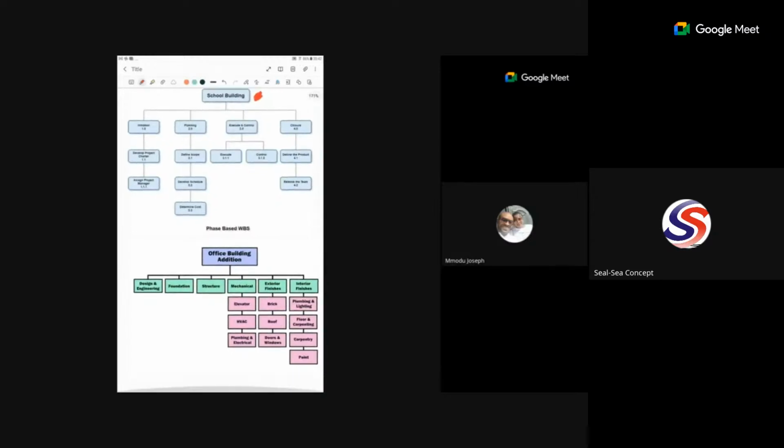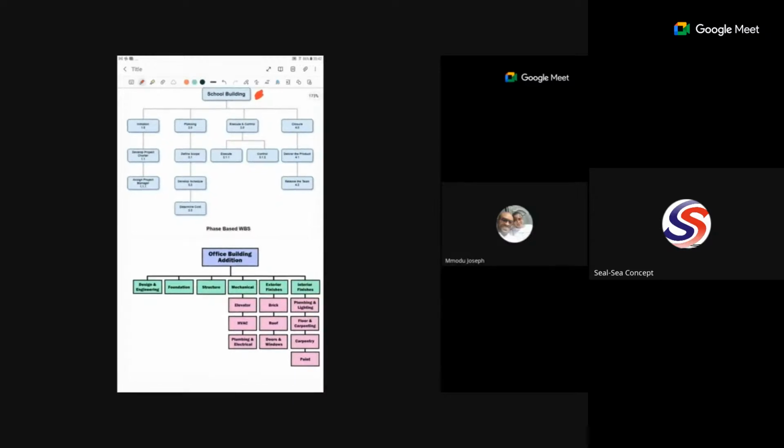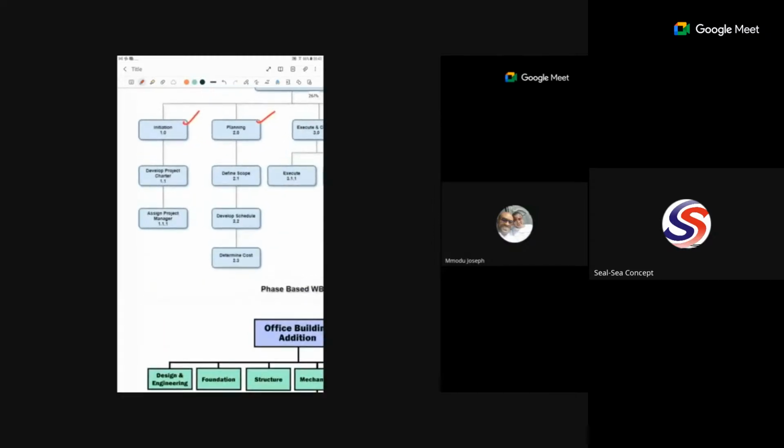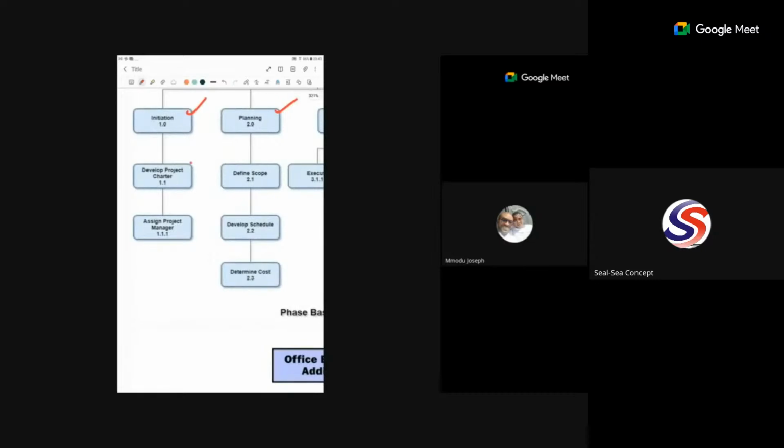So this person starts with what? Okay, school building. It puts initiation, planning, execution, and control, and then closure. Under the initiation, what are the things we need to do? We need to develop a project charter. I explained in our previous training that the project charter is the official document that initiates a project, that introduces the project, that introduces the project manager itself.